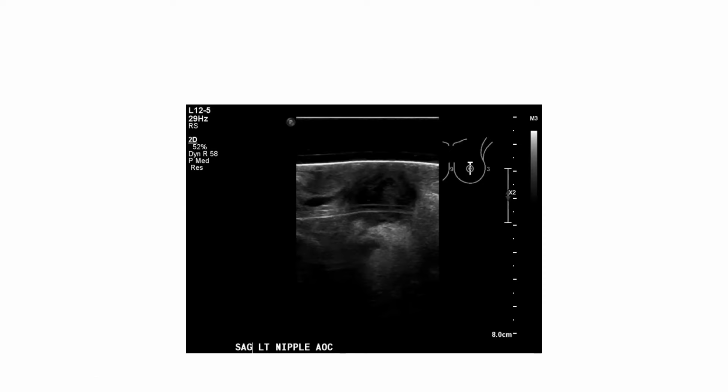So reverberation artifacts can arise anytime you image between two strong reflectors. Here in this image, you see reverberation artifact from the skin surface while using a standoff gel pad, right?